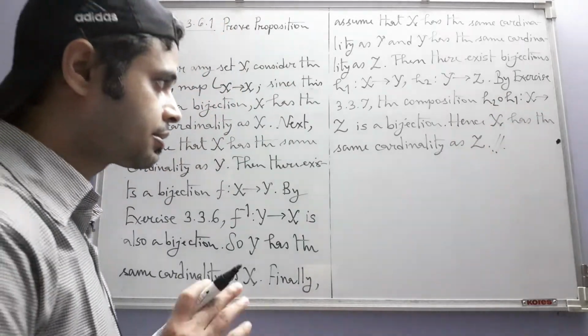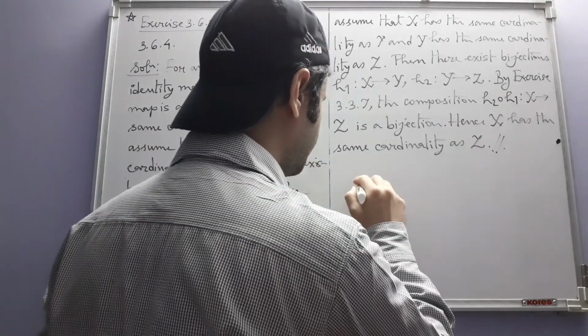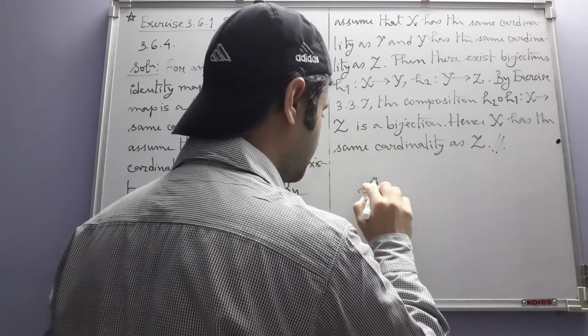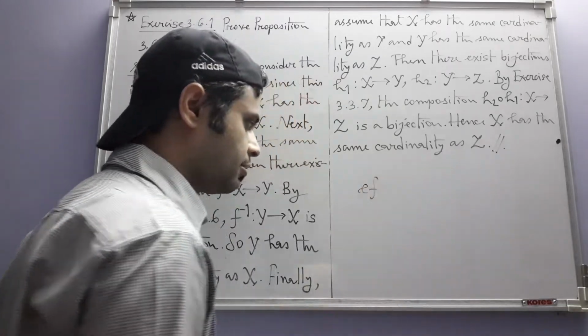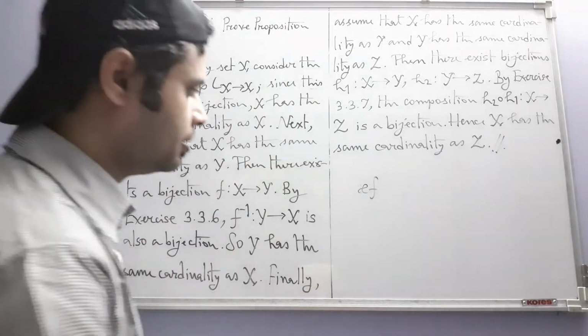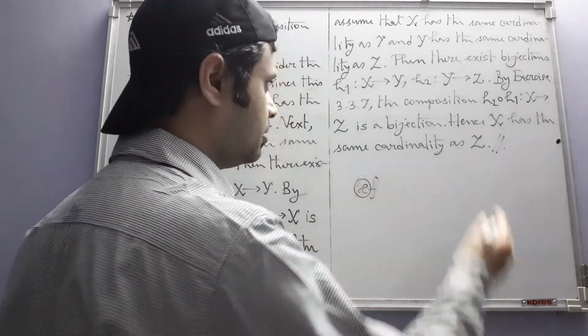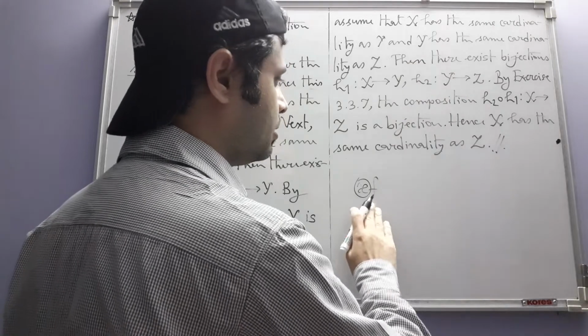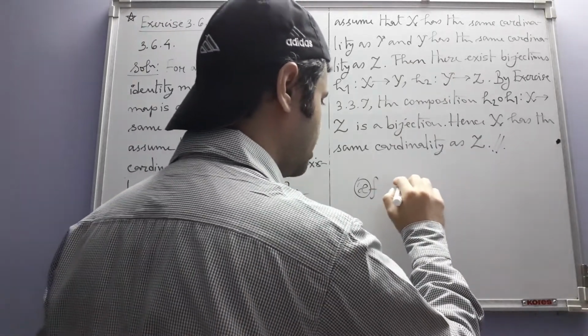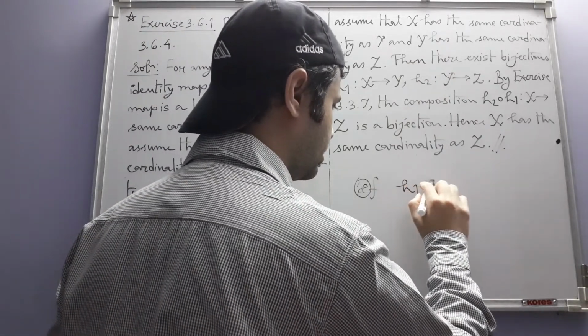However, in Herstein's Topics in Algebra, since he writes a functional value like this, where this is the argument and this is the function, the same composition in Herstein's notation will be just H1 composition H2.